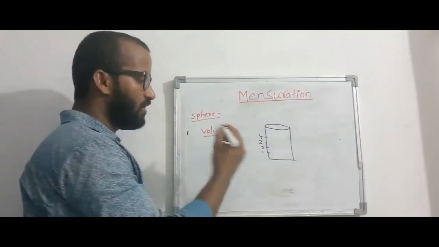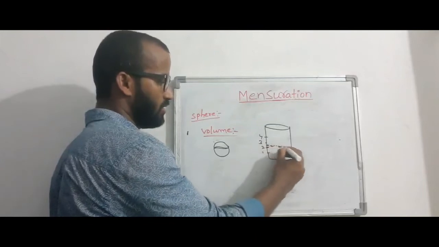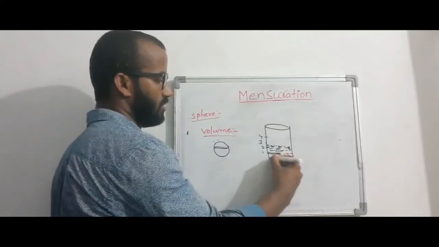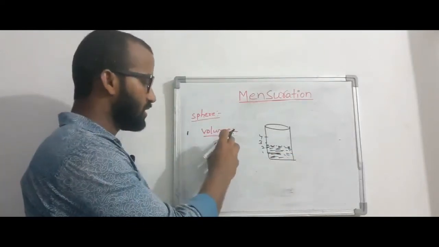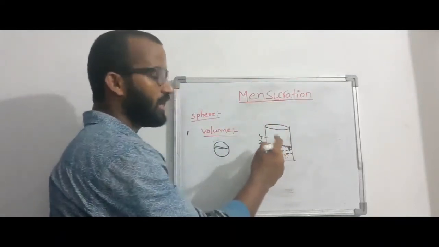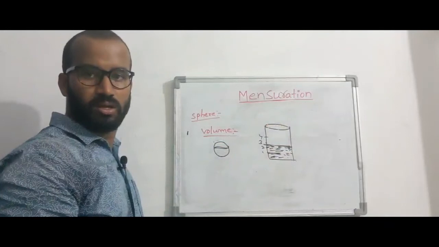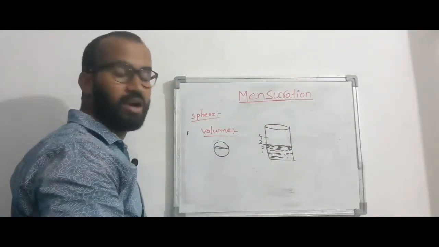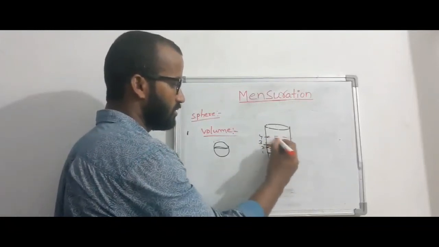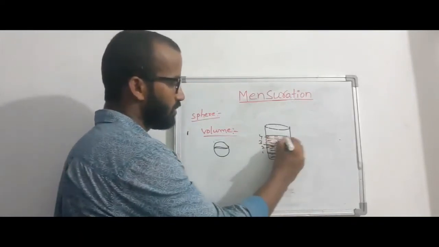First I will fill this cylinder with water, till here. After that, I will take this sphere and put it into it. Before putting the ball, I will mark the water reading. After putting this sphere, water level is going to increase. So how much water level increased? This much water level increased.